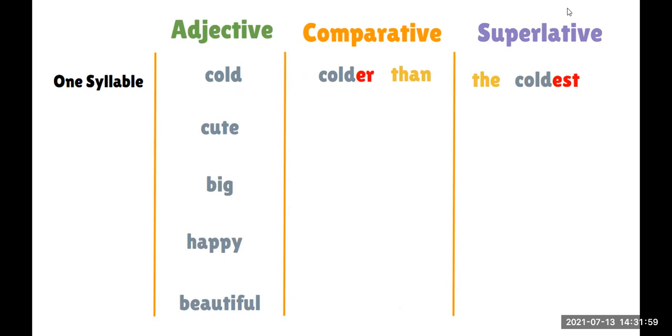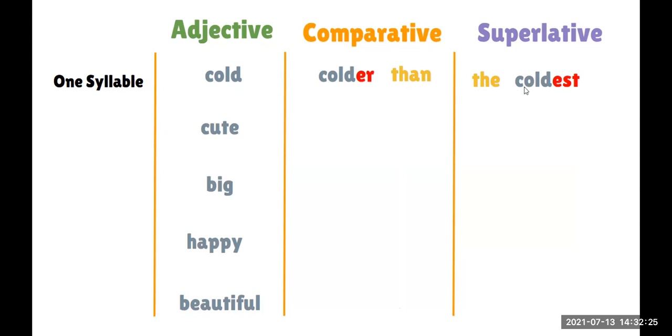Okay, very good. And what about this one? Colder than. We are going to compare only two cities here in Bolivia. What can we say? Only two cities. La Paz is colder than Santa Cruz. Could be. La Paz is colder than Santa Cruz. So we are comparing just two cities.